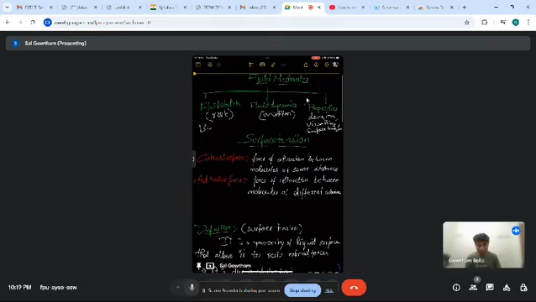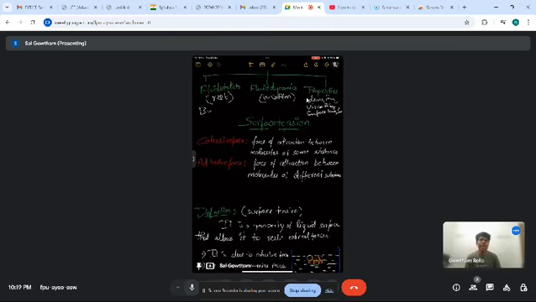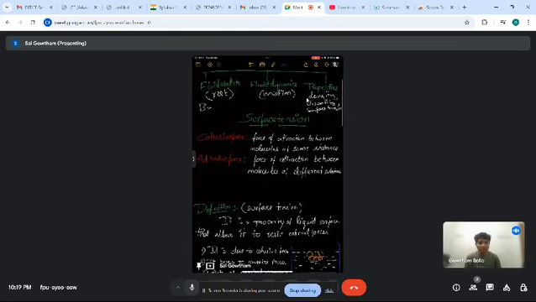Before going to the definition of surface tension, let us know about the cohesive and adhesive forces. Cohesive forces are the forces between the molecules of the same substance. Consider two molecules of A; the force between these two molecules is called cohesive force.